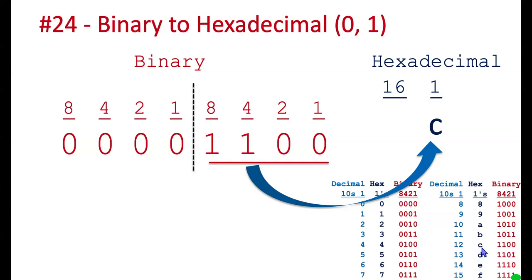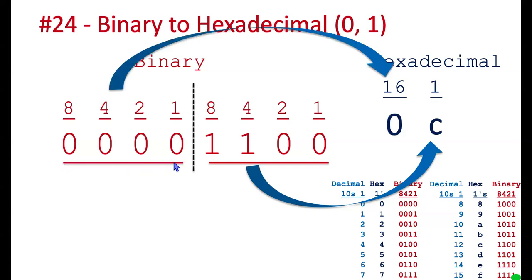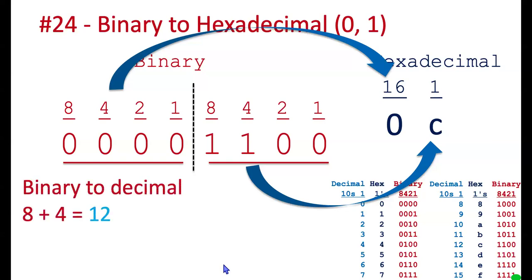1100 is right here, it's a C. Then look at this next 4 bits, completely separate, 4 zeros. 4 zeros is a 0. You could work this out mathematically as well. 8 plus 4 is 12.